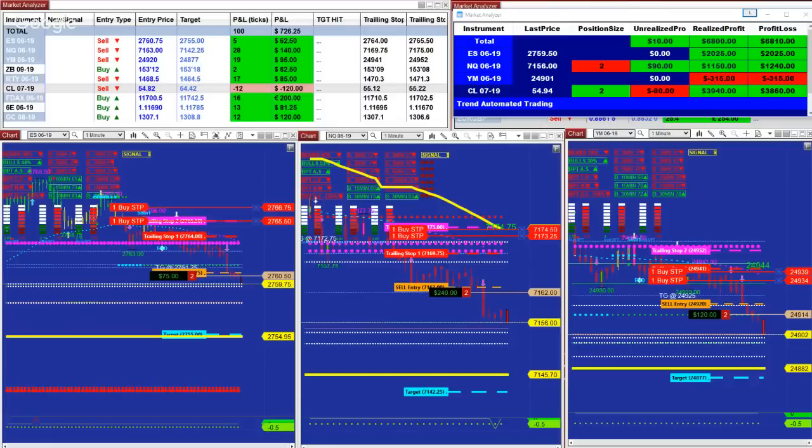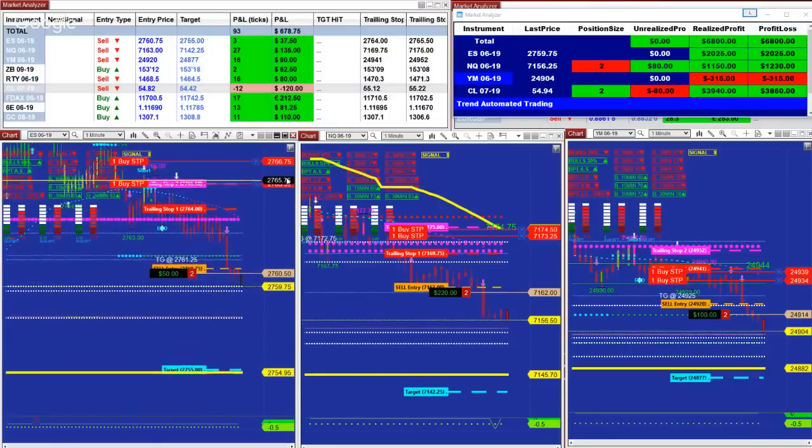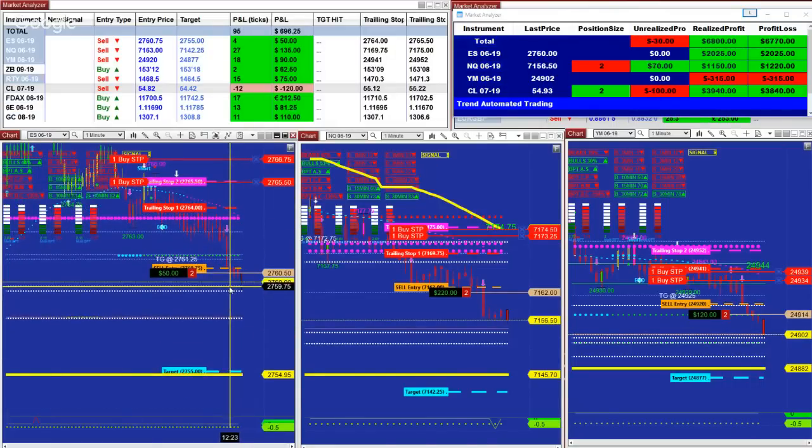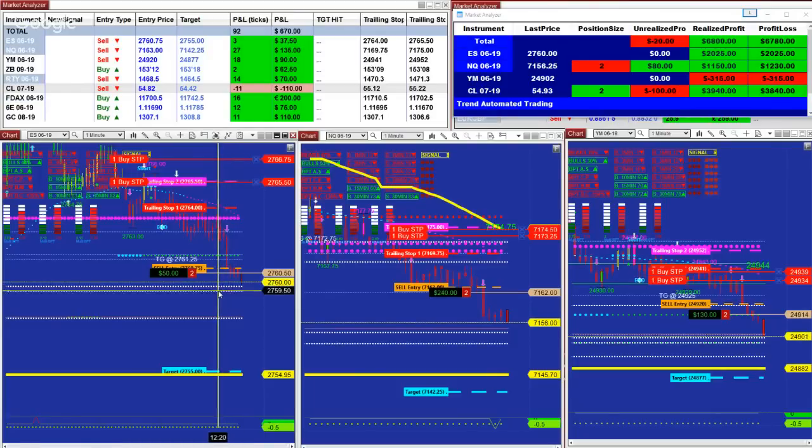Okay, we're going in the right direction here. We have a double support area at 59.75. We are trying to break that area here.